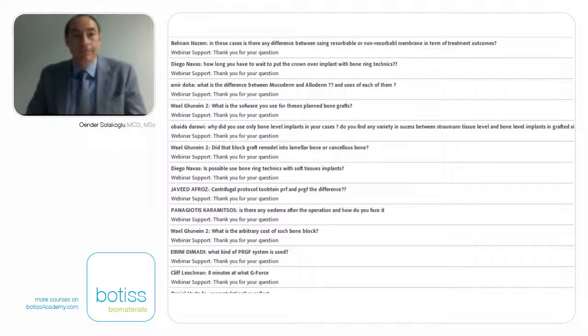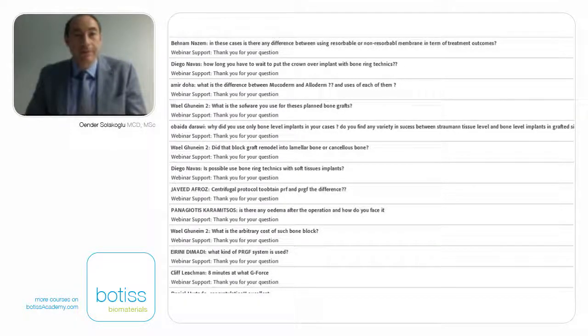Okay, thank you. And here comes the next one. Did that block graft remodel into laminar bone or cancellous bone? Well, this block graft has a very, very thin layer of cortical bone.